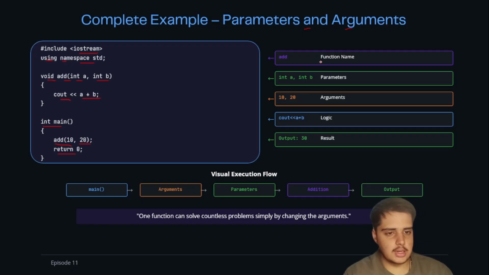Firstly, the function name is add, parameters are A and B, arguments are 10 and 20. The logic is to cout A plus B and the output should be 30. So the visual execution flow is: from int main, arguments are given to parameters, then addition is done, and then output is given. So one function can solve countless problems simply by changing the arguments.